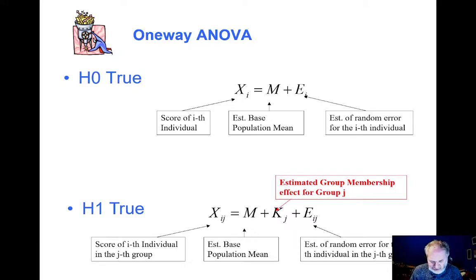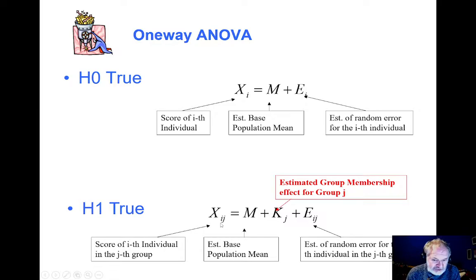So for the null hypothesis, the variability in the scores is based upon the mean and the amount of dispersion that occurs around that mean, just variability in the general population, and that's referred to as the error term.